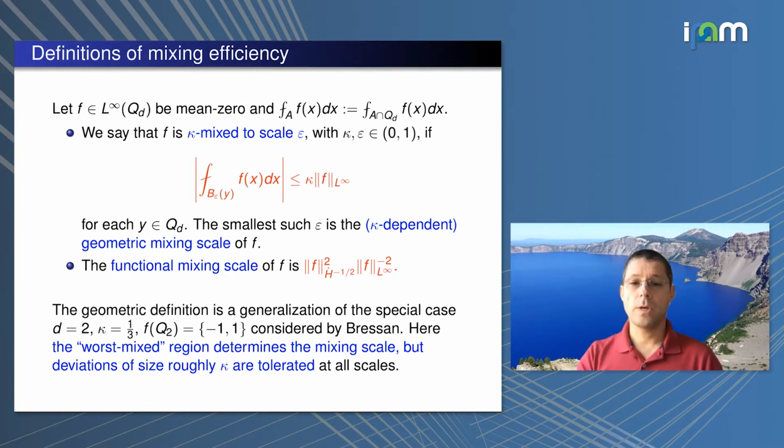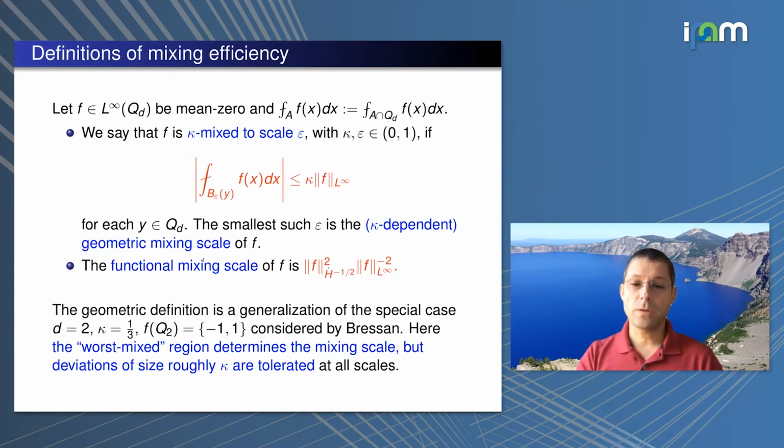In this scale, you really want to be mixed everywhere in the domain, but certain deviations from perfect mixing are tolerated, and basically kappa tells you how much you tolerate.